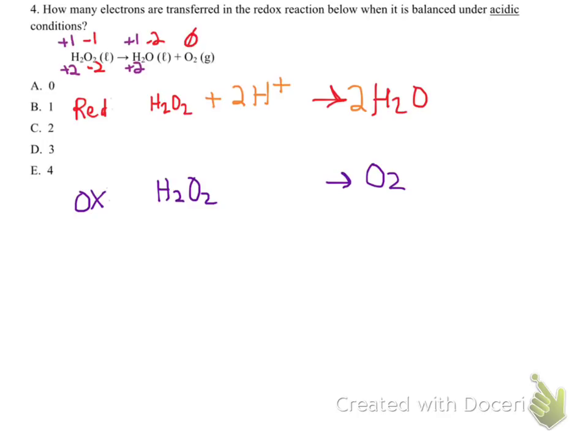So there's 2 different ways you can do that. What I'm going to do is I'm going to check the total charge on each side. Since this side has a total charge of positive 2, based off the 2 hydrogens, this side has a total charge of 0, since water is neutral. That means we're going to need 2 electrons on this side to account for that.